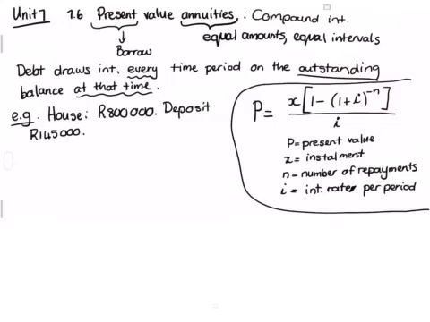You've already paid that. Your interest rate is 12.5% per annum, but compounded monthly. Your n is 25 years. So you have to now rework these to the correct values.